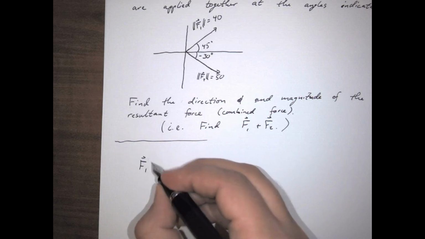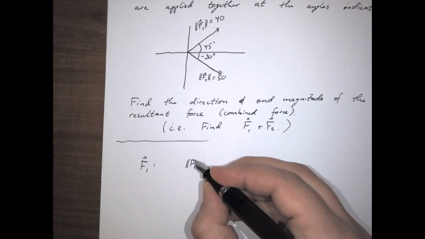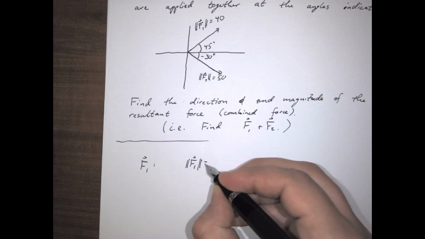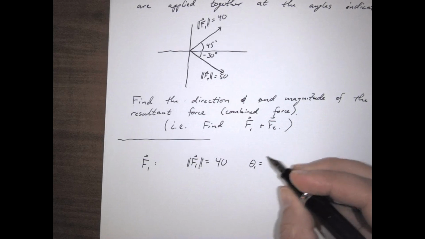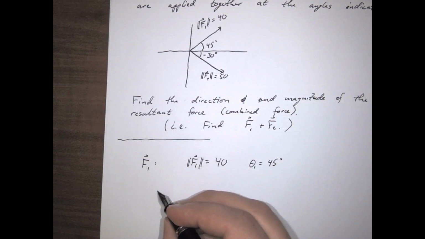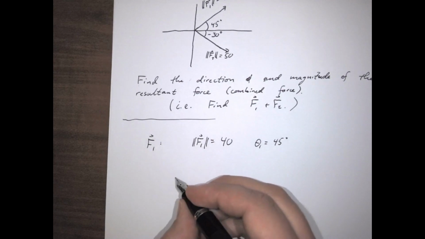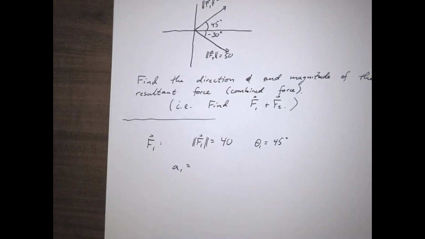F1. So the magnitude of F1 equals 40, and theta 1 is equal to 45 degrees. I'll just call them A1 and B1.